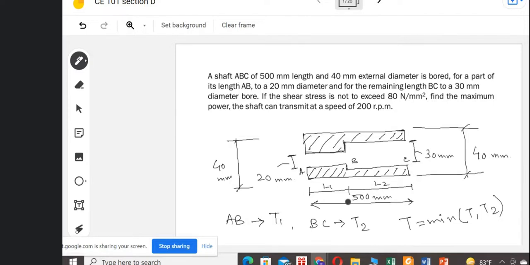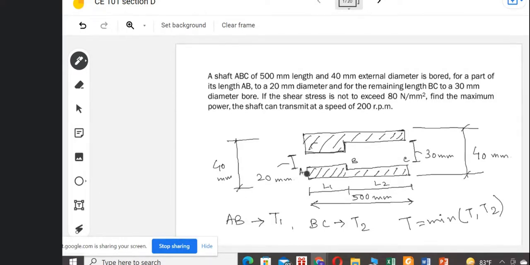Same angle, because they are connected to each other. If AB is moving by an angle, say theta, this BC also has to move by the same angle theta. Then only the whole shaft will rotate to some fixed angular distance or movement.